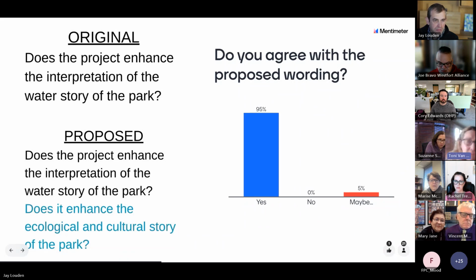So we could make it a good run-on sentence: does it enhance the interpretation of the water story of the park and the ecological and cultural story? Okay, thank you for that. Anyone else? Okay, we're going to keep going here.